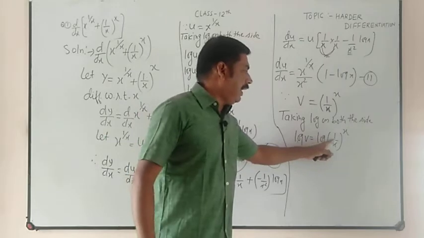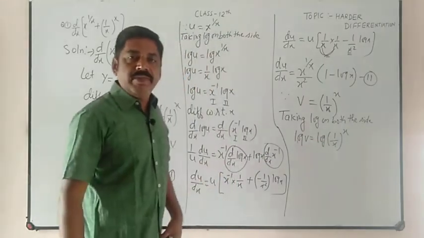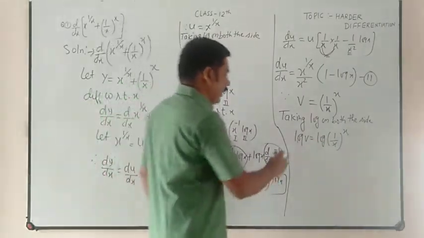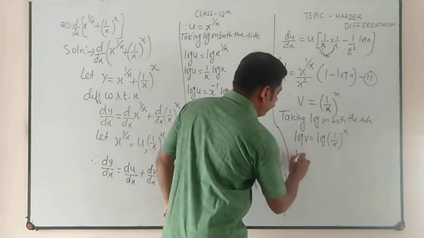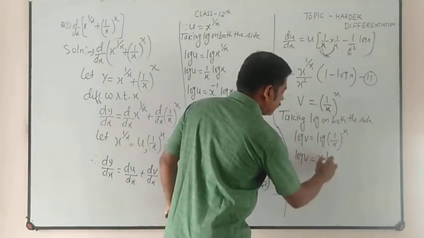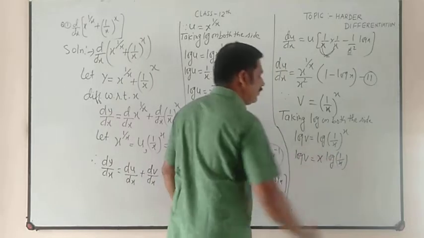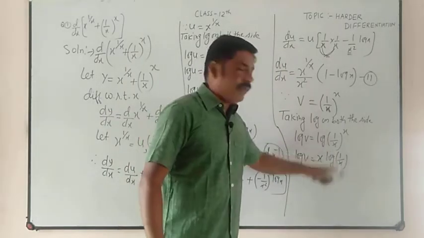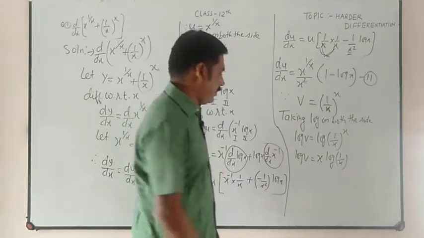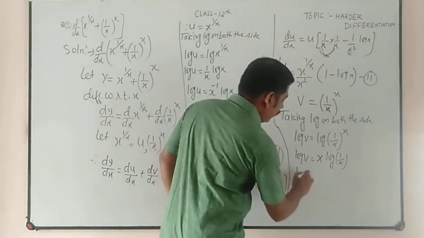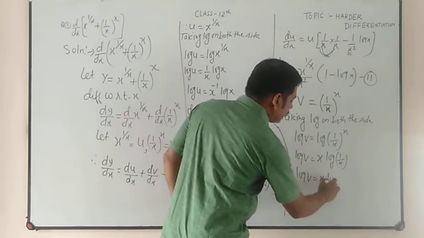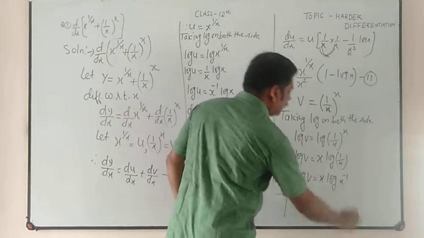Now log m raised to n is n log m. So log v is equal to x log 1 upon x. Now see beta, we can write 1 upon x as x inverse. So log v is equal to x log x inverse.